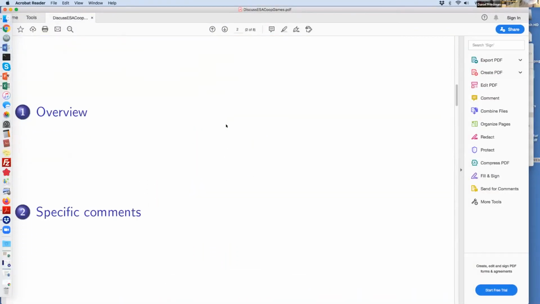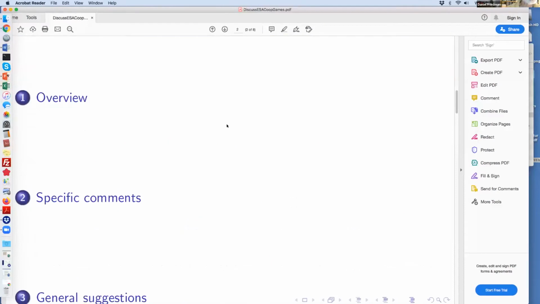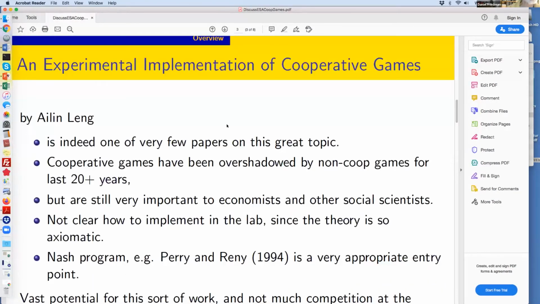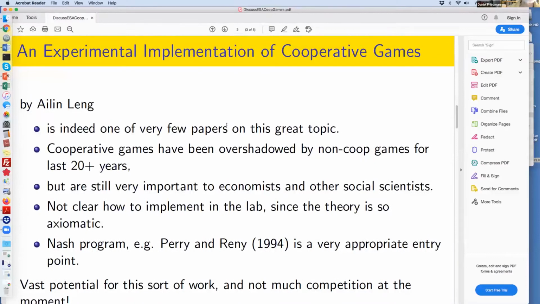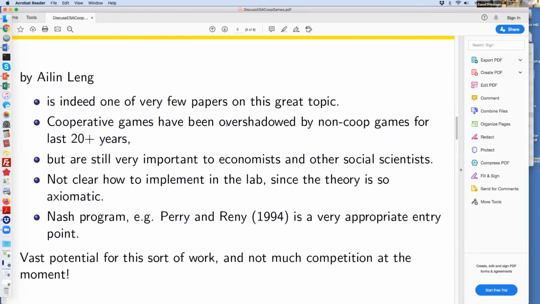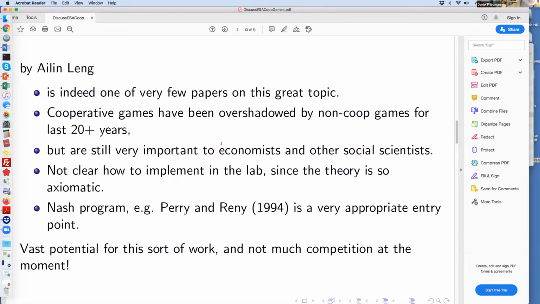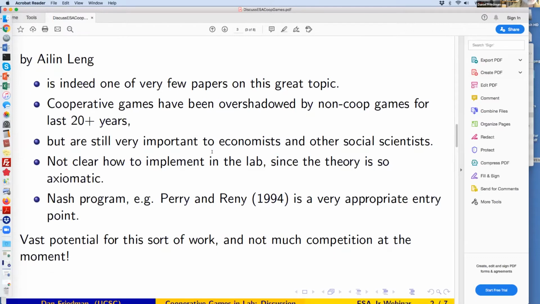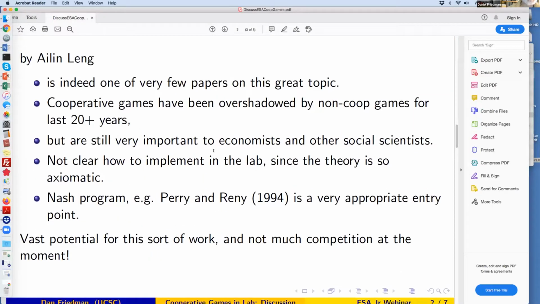All right, so I'm happy to discuss her paper, a few overview remarks. I'll have some specific comments on this paper and then some general suggestions for later down the road. It's a great topic. Indeed, there are very few papers on it. Cooperative games have basically been eclipsed by non-cooperative games in terms of the attention of theorists, but they're still very important to economists, other social scientists, and implementing them in the lab, there's less guidance.